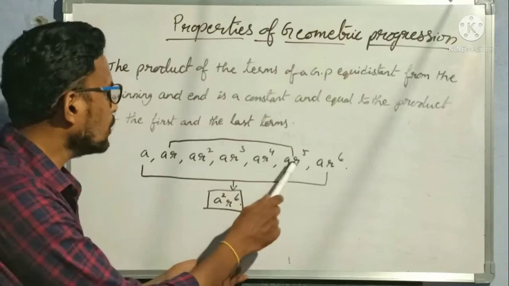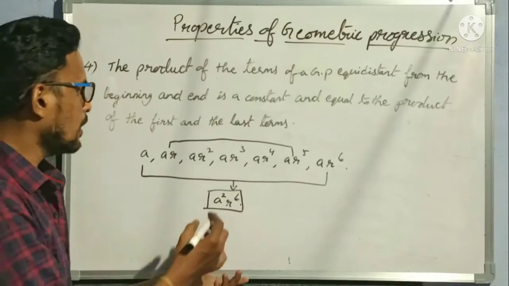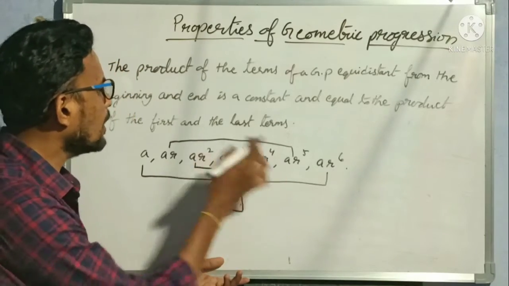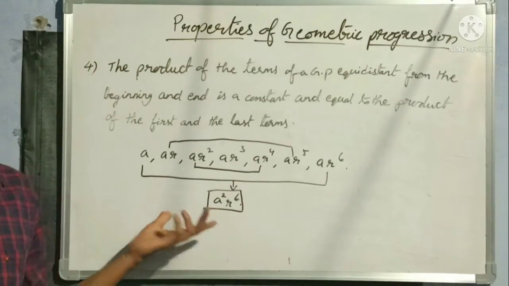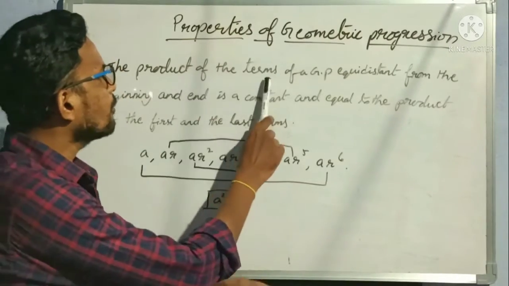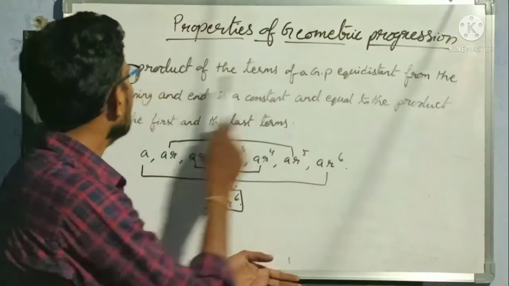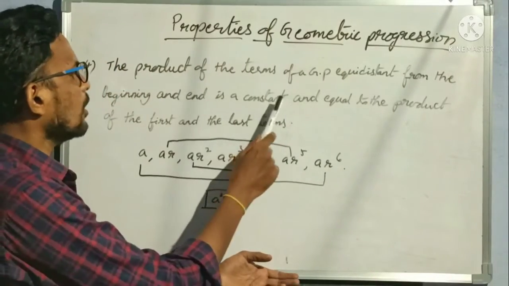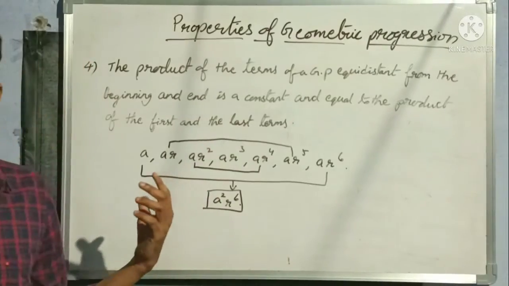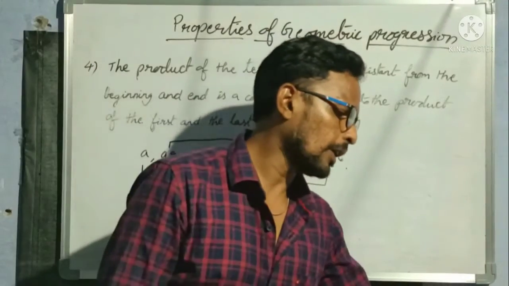The same way AR into AR power 5 is also A square R power 6. If you take this, it is also A square R power 6. So this is also a very important property. Clear? The product of the terms of a GP equidistant from the beginning and the end is a constant and equal to the product of the first and the last terms. This is our fourth property.